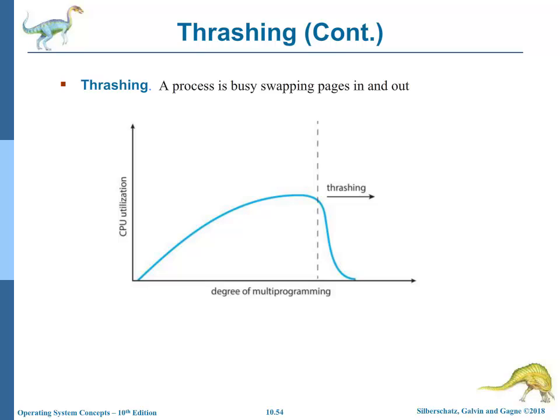In this case, it is forced to page out pages it will need again in the very near future, leading to a large number of page faults. A process that is spending more time paging than executing is said to be thrashing.